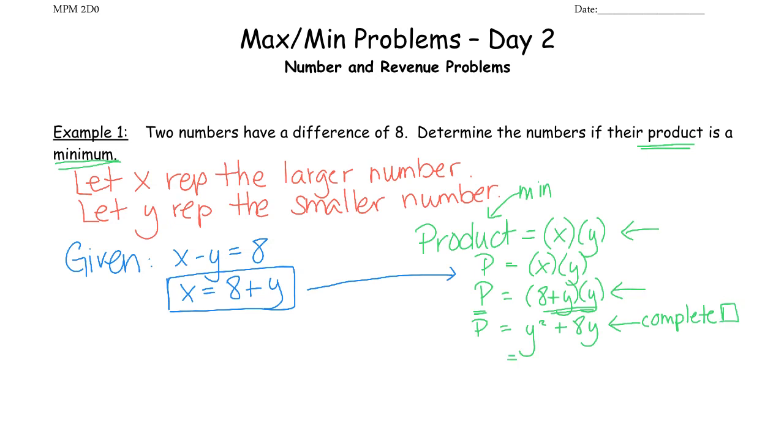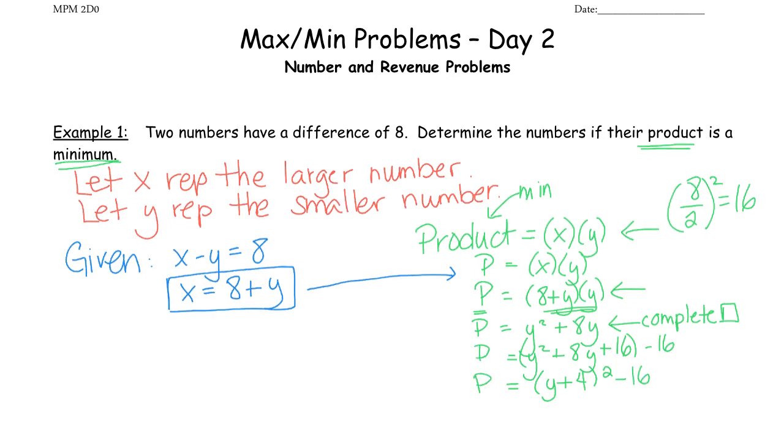And this is a pretty basic one. I'm going to take that value of 8, divided by 2, and square it, giving me 16. That's my special number that I'm going to add and subtract. Because there's no stretch factor, I can jump right into this. And I'm going to rewrite this as y plus 4, all squared, minus 16.